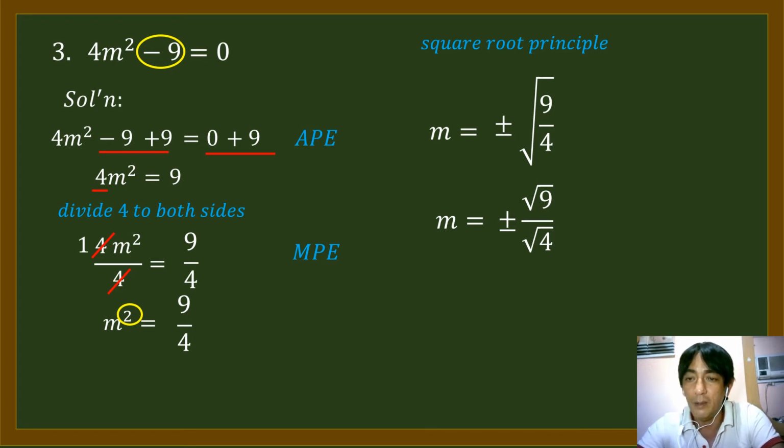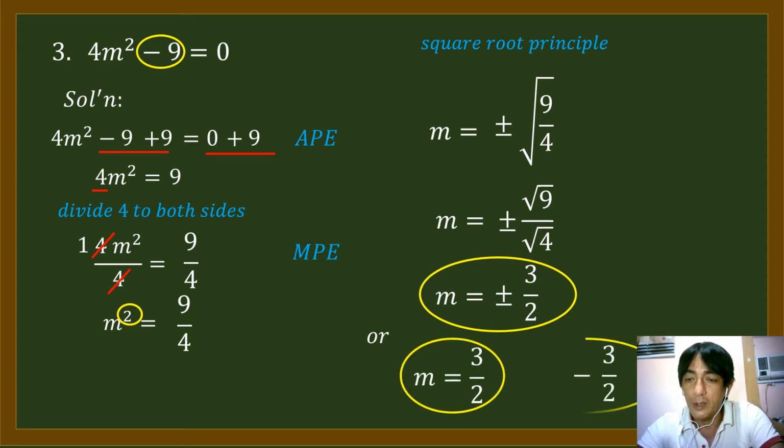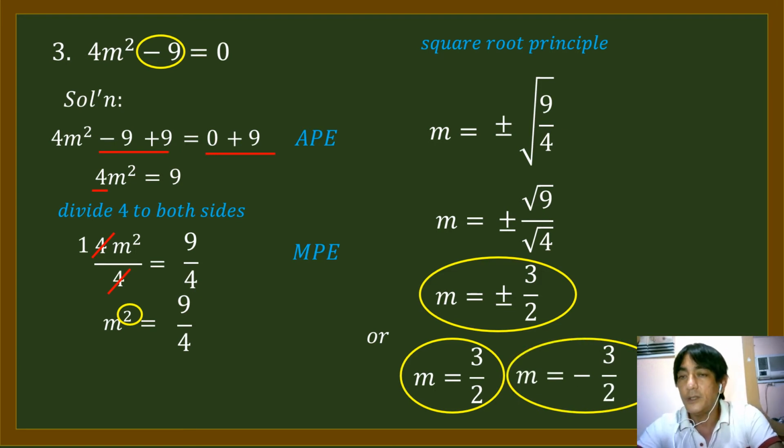So meron tayong m is equal to positive negative square root of 9 over square root of 4. So finally we have m equals positive negative 3 halves, or we can separate them into two: m is equal to 3 halves and the other one is m equals negative 3 halves. Okay? So ganun lang yan.